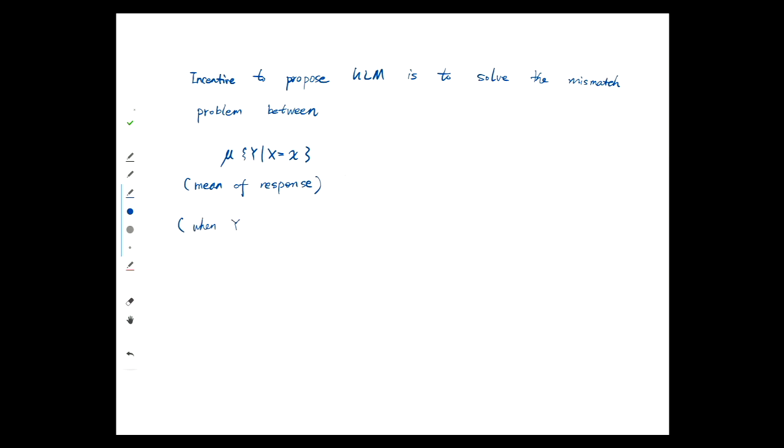When y is a binary variable, the mean of the response y given some specific value of x is within 0 and 1.